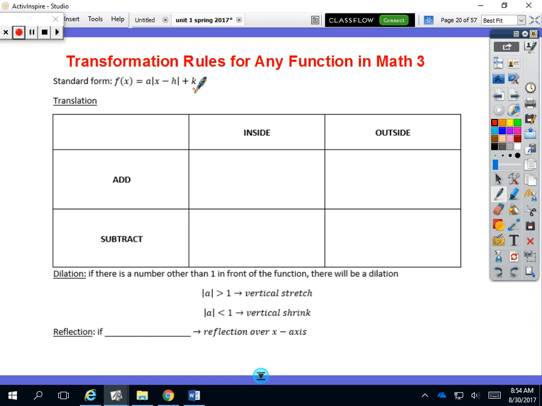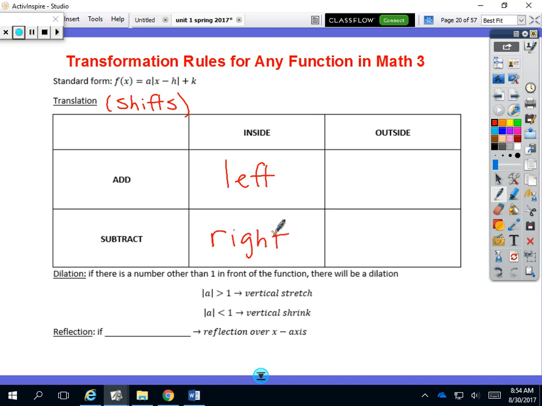So we're talking about translations, which are also called shifts. You might have seen these rules last year. Inside the function, that's your x plus or minus h. If it's x plus h, you're shifting to the left. So if you had x plus 2, it would be left 2. If it was x minus 2, you're shifting to the right.